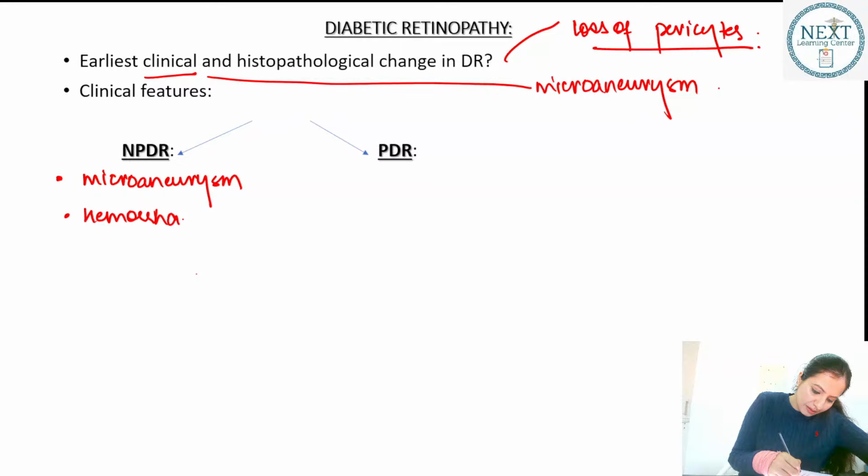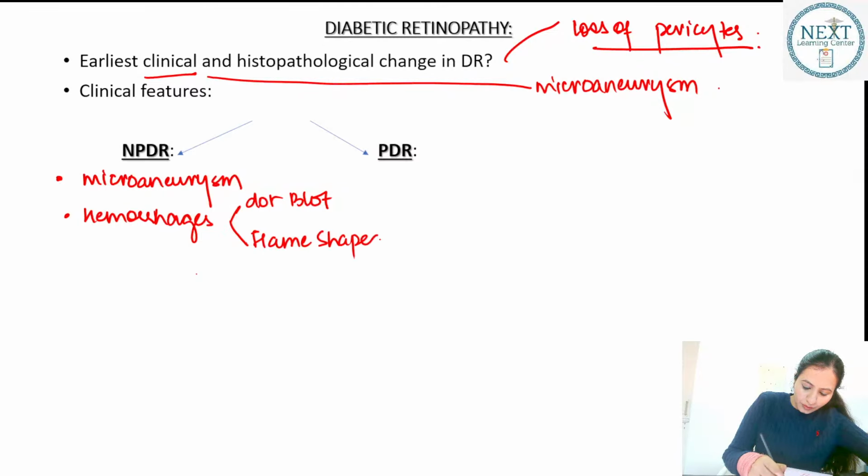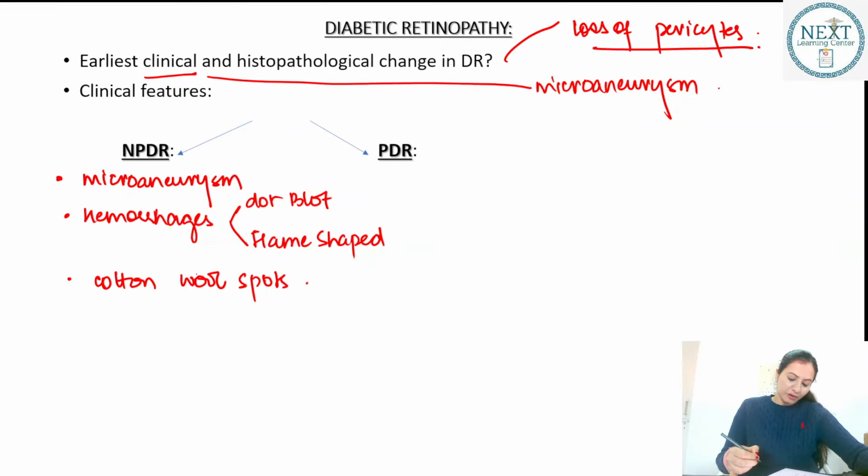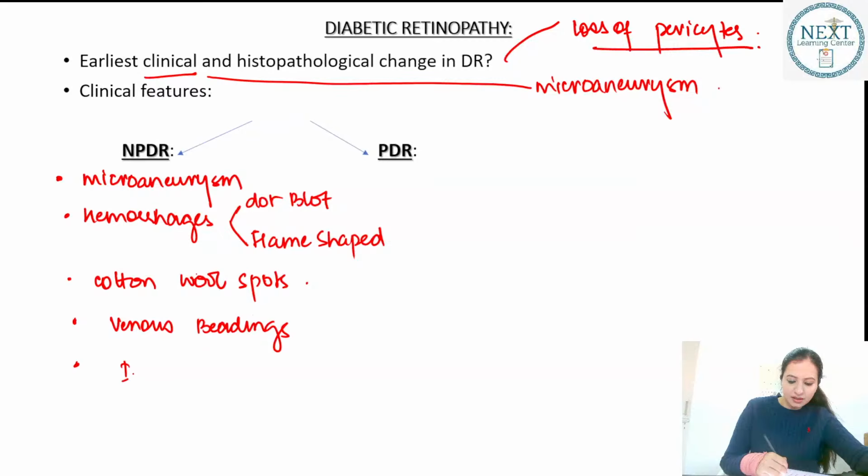Hemorrhages can either be dot blot or flame shaped, or you can have cotton wool spots. Apart from it, you can have venous beadings, edemas.